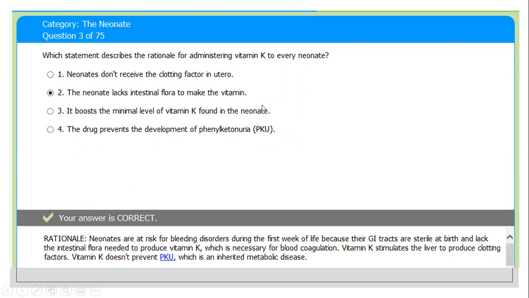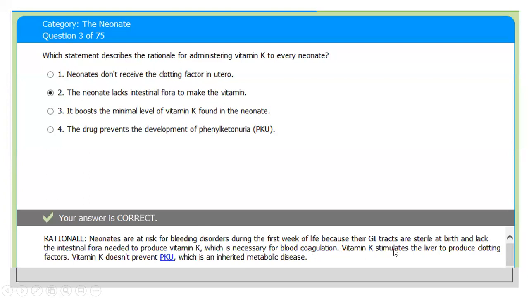No bacterial flora, and bacterial flora can produce vitamin K. Rationale: neonates are at risk for bleeding disorders during the first week of life, because their gastrointestinal tract is sterile at birth and lacks the intestinal flora needed to produce vitamin K, which is necessary for blood coagulation.